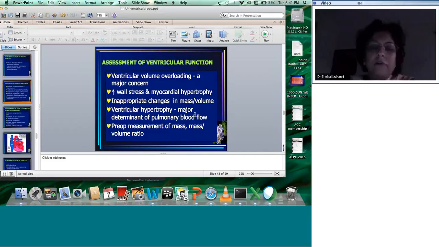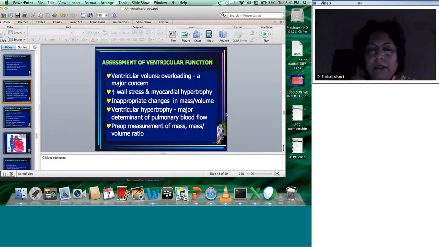How do we see the ventricular function in patients with Fontan? Because we know ventricular volume overloading is a major concern, because that's a single ventricle and that has to be preserved over the long term. When there is a single ventricle, usually it has increased wall stress and myocardial hypertrophy.